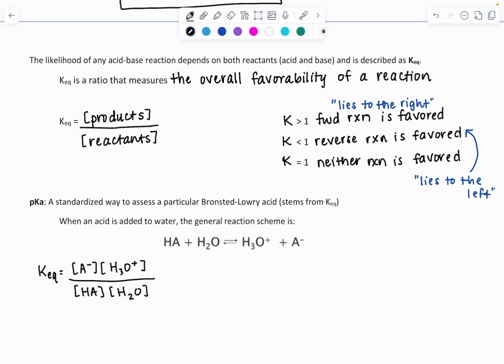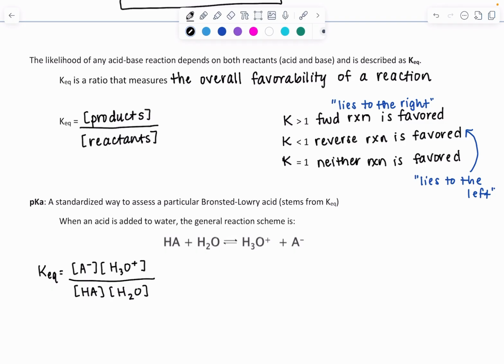But here's the thing, if we have a lot of water, we leave this out of the equilibrium equation. So we learn in Gen Chem to leave out any liquids, like if the phase is a liquid phase, leave that out. We include any aqueous solutions.